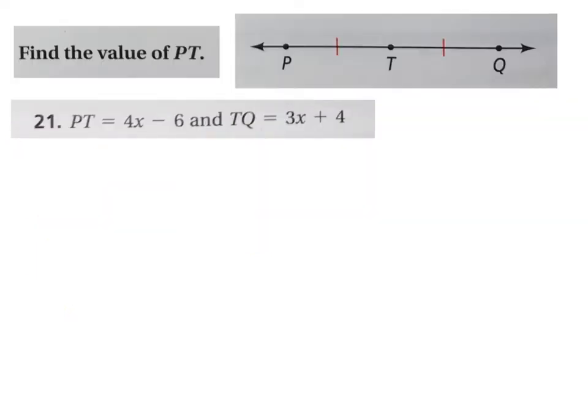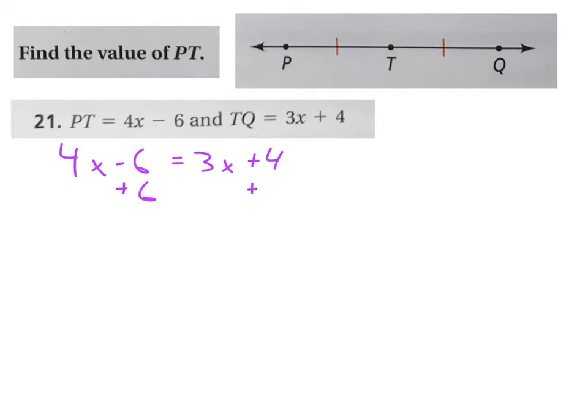Okay, we're finding the value of PT, and we can see that segment PT is congruent to segment TQ. Length PT is equal in measure to length TQ. So if they give us PT is 4x minus 6 and TQ is 3x plus 4, then we should set them equal to each other. 4x minus 6 equals 3x plus 4.